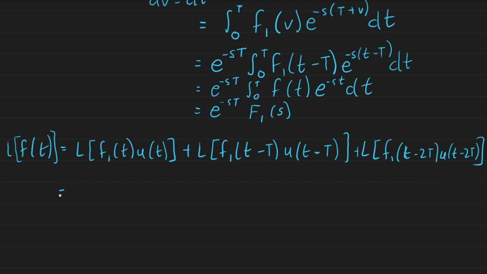So what we have seen is that this term that we've just written is equal to this term that we have just derived. So that's equal to e to the minus sT, okay, sorry, that's capital T, times F1(s).